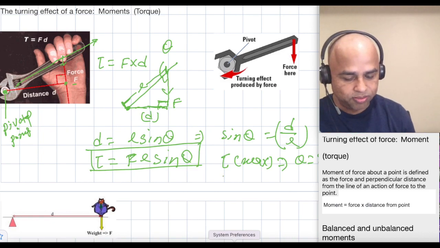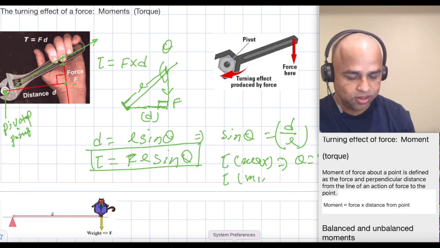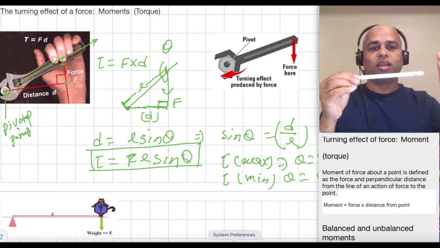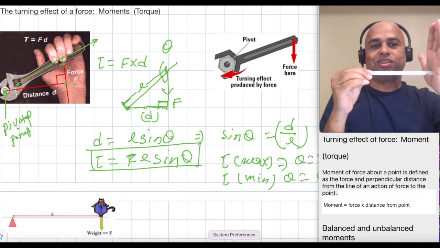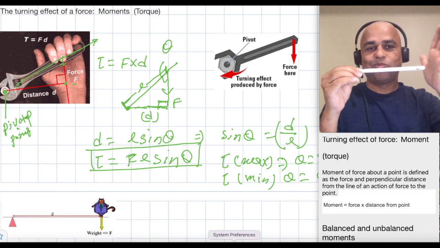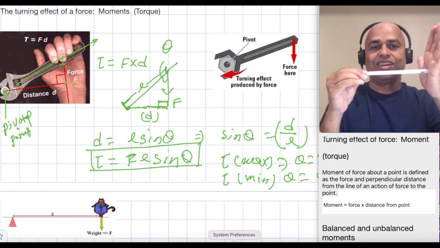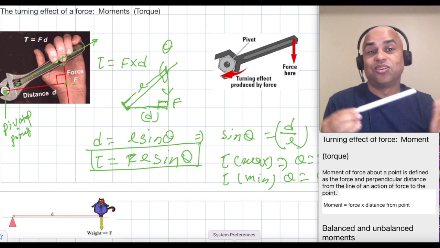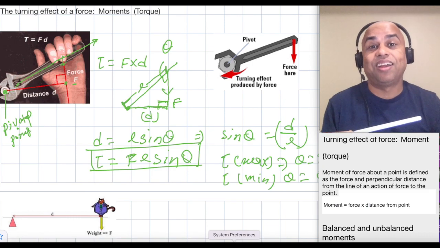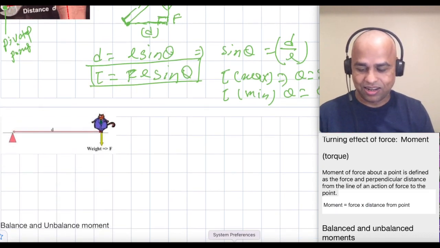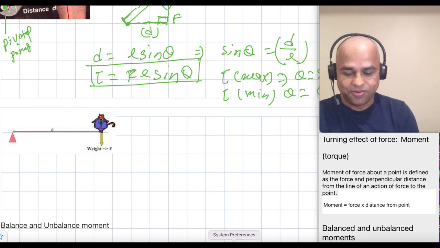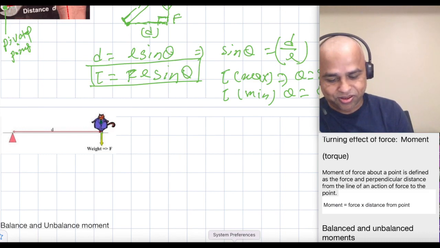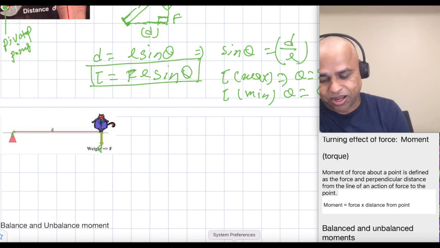And it will be minimum, zero, when theta equals 0. That means you are applying the force in the same direction as the object, so you cannot rotate it. So when theta is 0, there is no turning effect. And in the 90 degree case, this force is perpendicular from this pivot point.